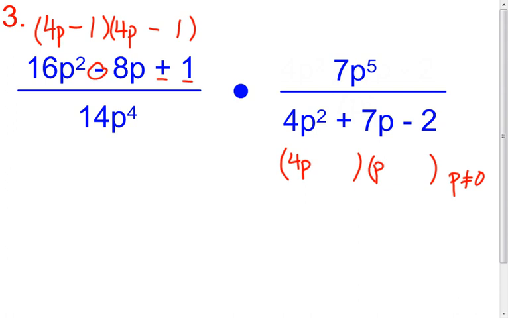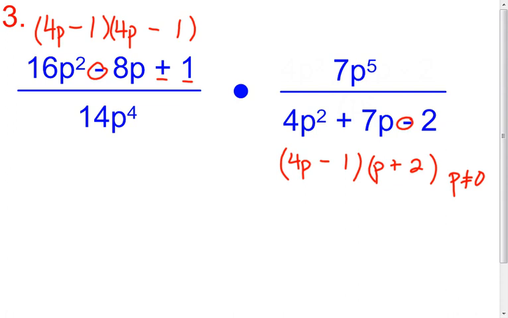And then the 2 can either be 1 and 2 or 2 and 1. It will look like this. Because it's a minus at the end, it either needs to be positive negative or negative positive. And it will be negative positive. Now if you check your outsides, you have 8p, and if you check your insides, you have negative 1p. And 8p plus negative 1p does make that 7p in the middle. And that is what you want to happen.